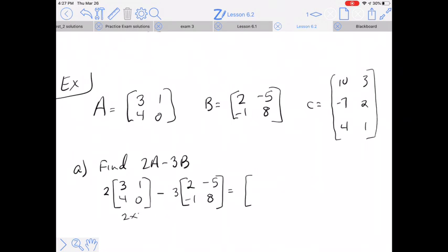So just want to double check. This one's a 2 by 2, this one here is a 2 by 2, so they're the same size.